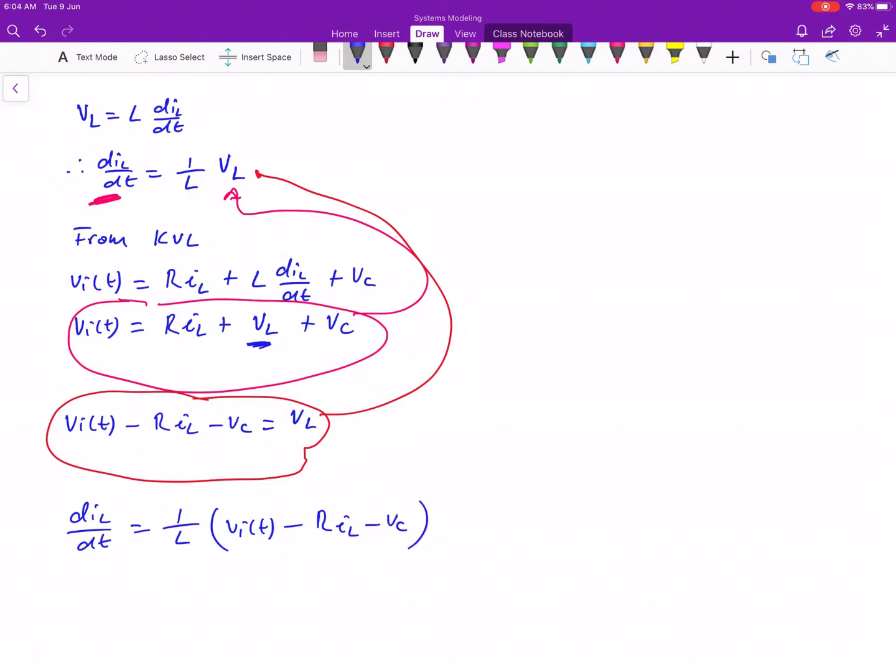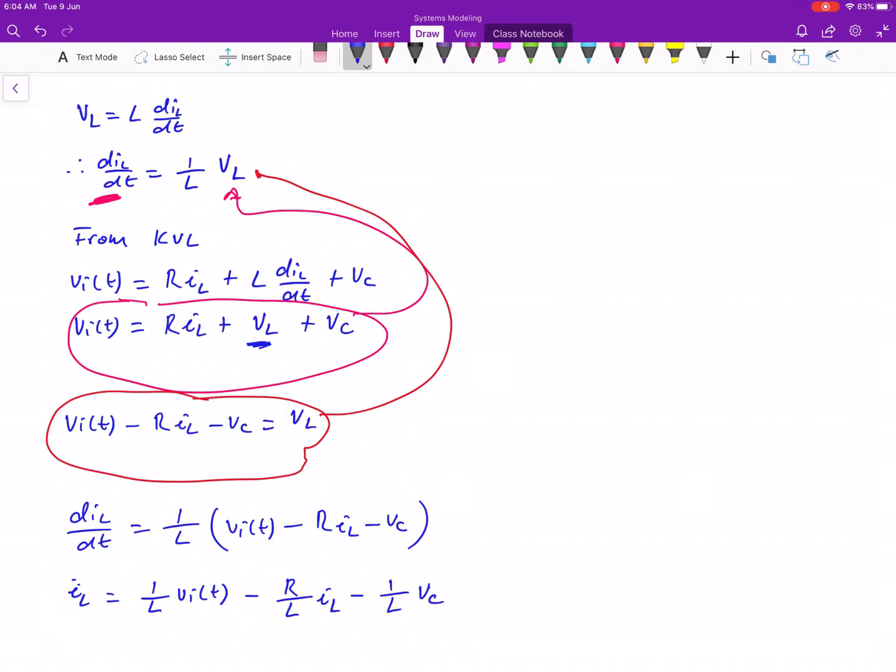And let me rewrite this: IL dot is equal to 1 over L times the input voltage minus R over L times our state variable in the inductor minus 1 over L times our state variable in the capacitor.